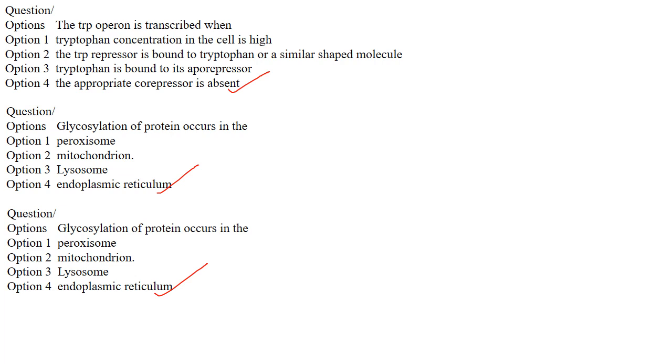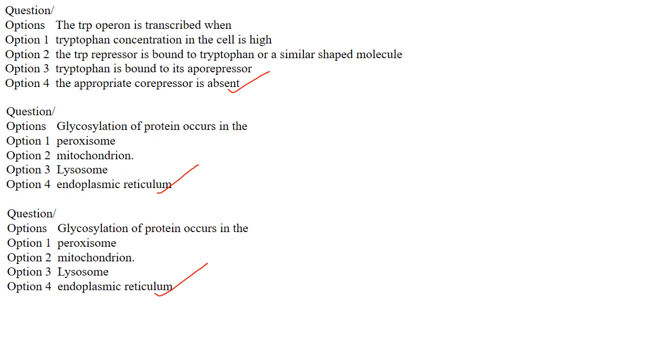Tryptophan bound to its aporepressor is the same thing as option 2. It will go and bind to the operator region. Then the appropriate co-repressor is absent. So when the co-repressor, that is tryptophan, is absent, it will result in the synthesis of the proteins required for tryptophan biosynthesis. So the answer is option 4.